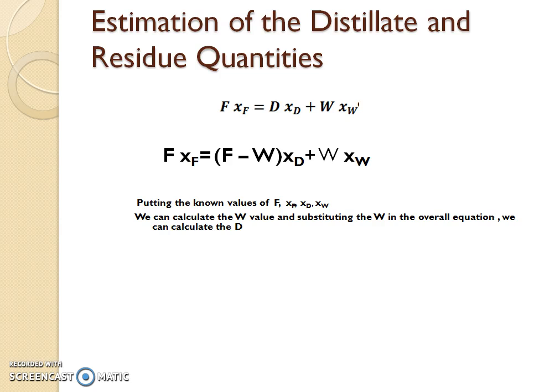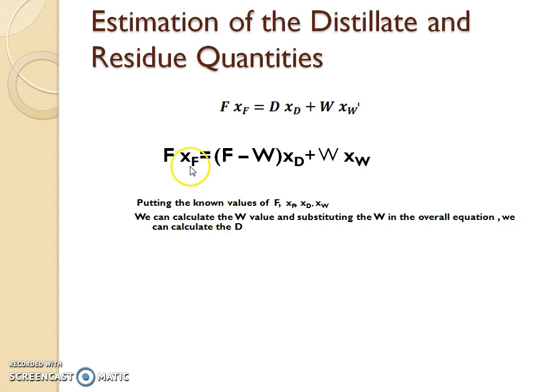So I am taking the overall material balance equation and the component material balance equation. The component material balance equation can be written as F into XF, substituting D is equal to F minus W, into XD plus W into XW.